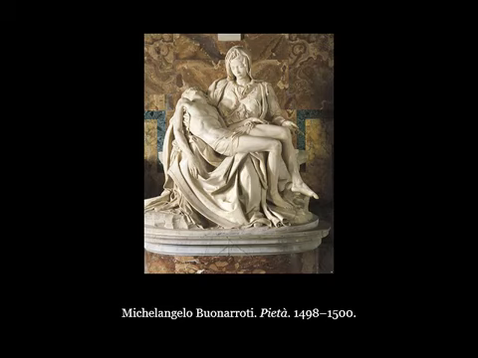So Michelangelo did this by altering the figure in the body of Mary. While the heads of the two figures are actually the exact same size, Mary's body has been enlarged and altered to hold the weight and the size of Christ.